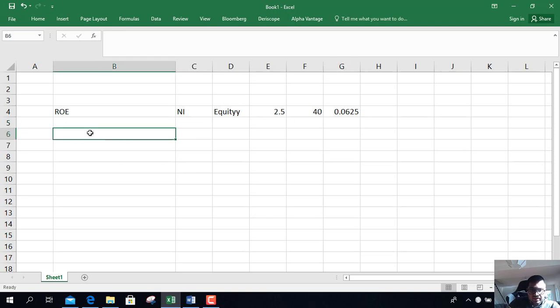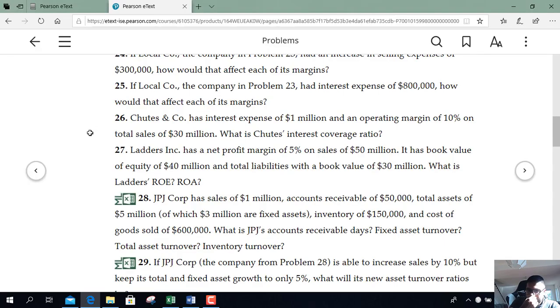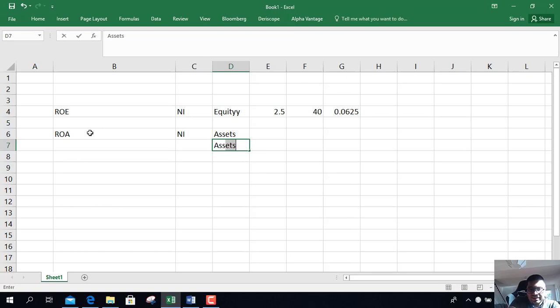6% would be ROE. Now return on assets is calculated using net income, which we know is 2.5, divided by total assets. Now you don't know assets, right? They haven't given you assets here, but you know equity and liabilities. So based on the balance sheet, assets equal liabilities plus equity.